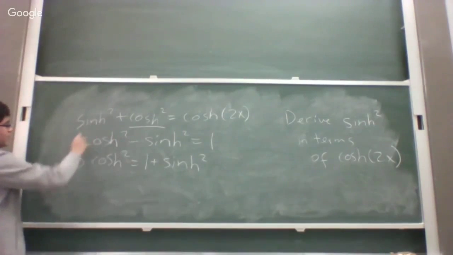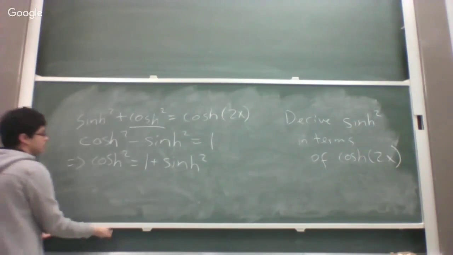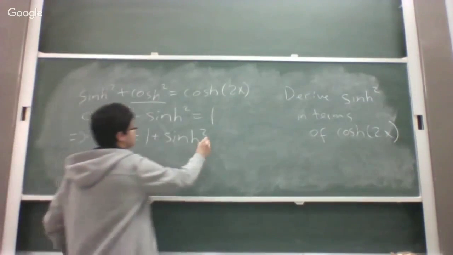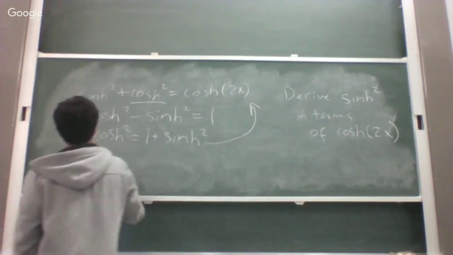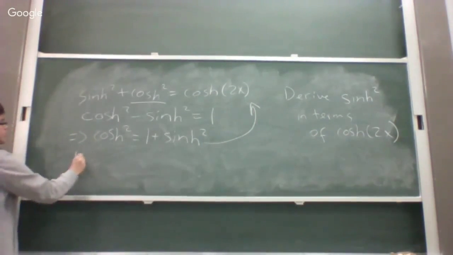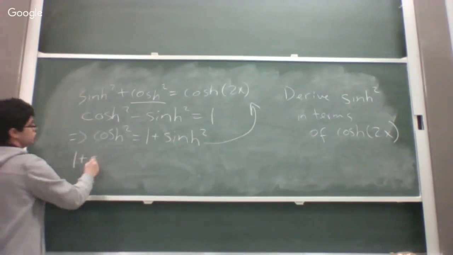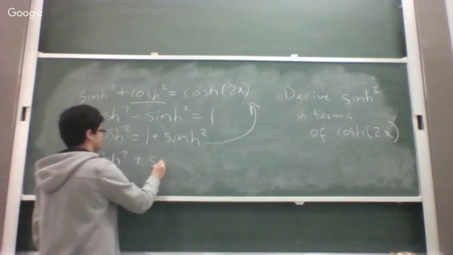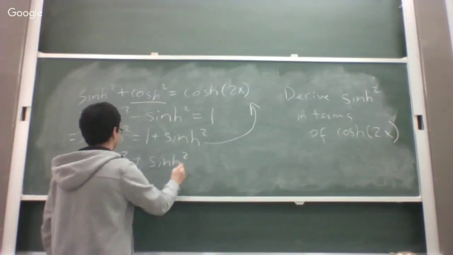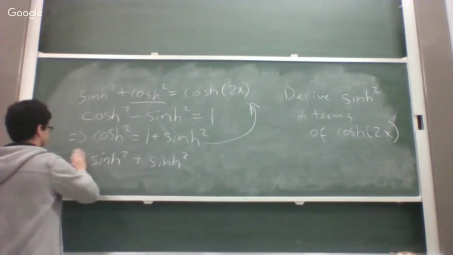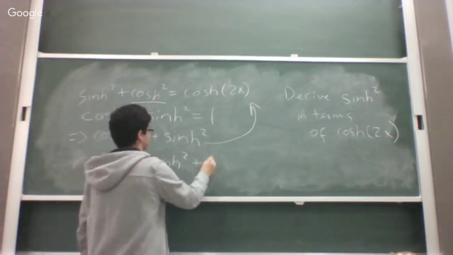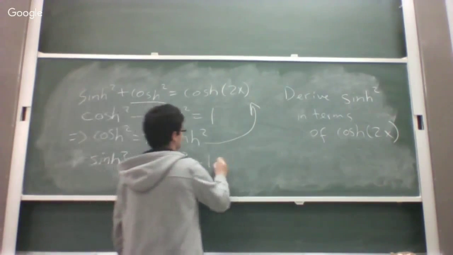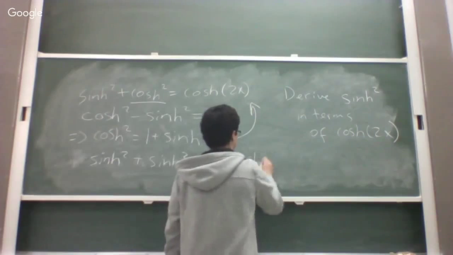So then we plug that in here. We have 1 plus sinh squared plus sinh squared. I'll put plus 1 on this side equals cosh of 2x.